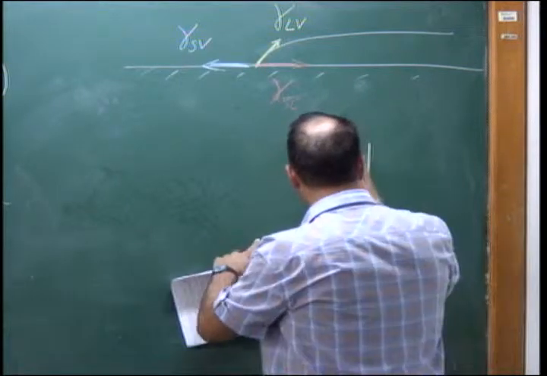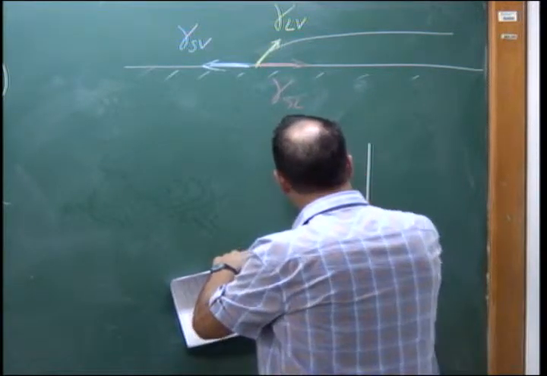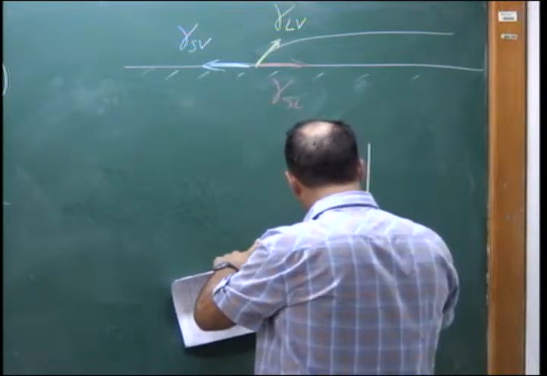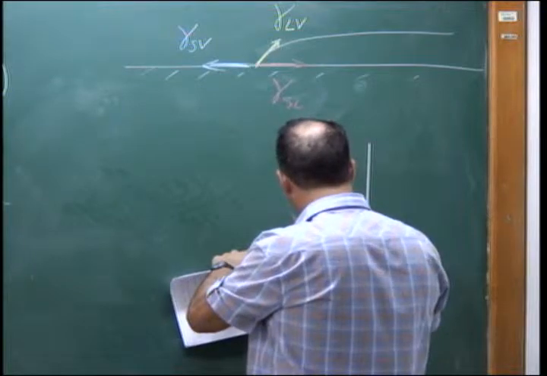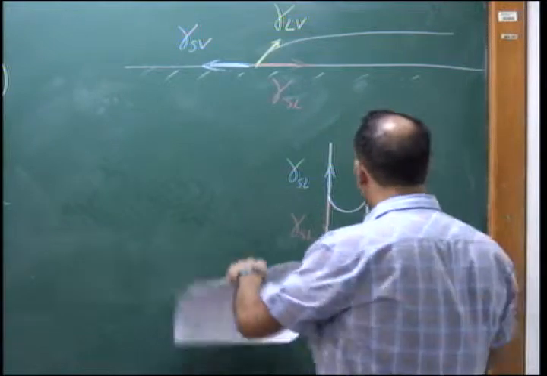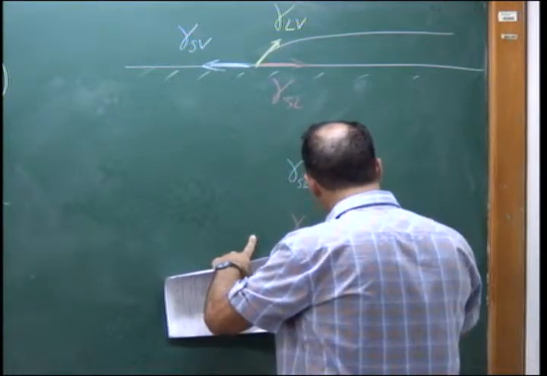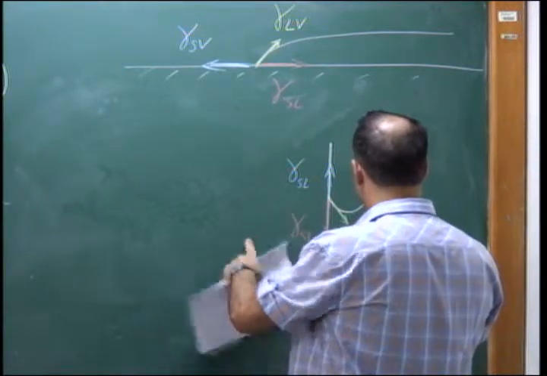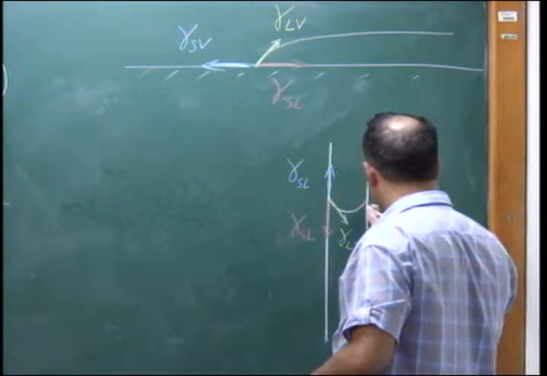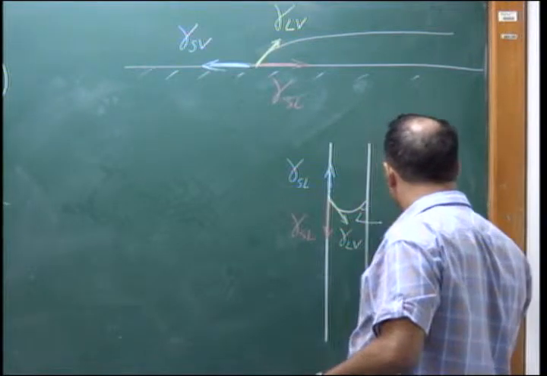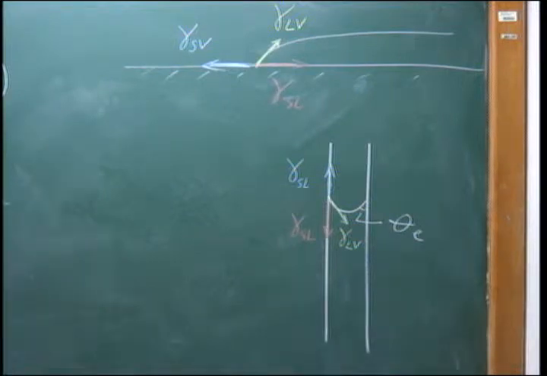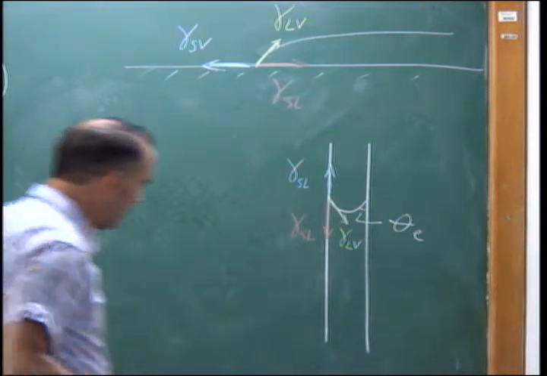So let's try and be consistent here. This is gamma solid vapor. This is gamma solid liquid. And then we have our green one, gamma liquid vapor. And we know that this contact angle is prescribed by the relative magnitude of those three tensions. Okay, so now we need a different parameter.